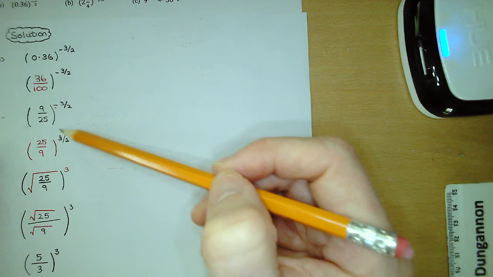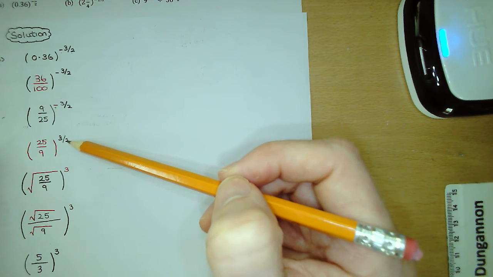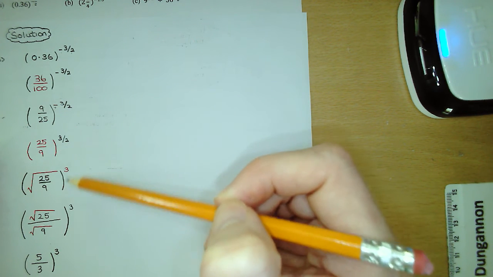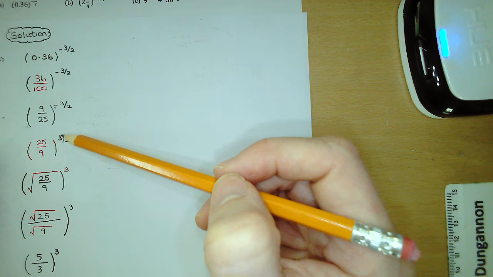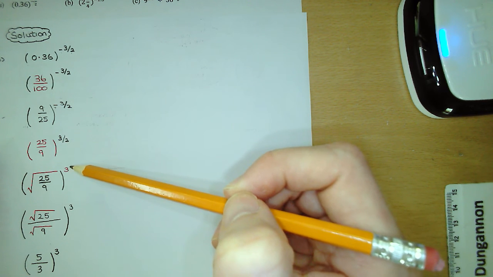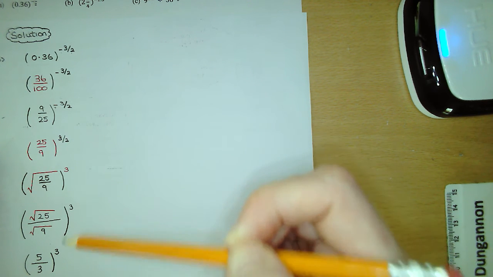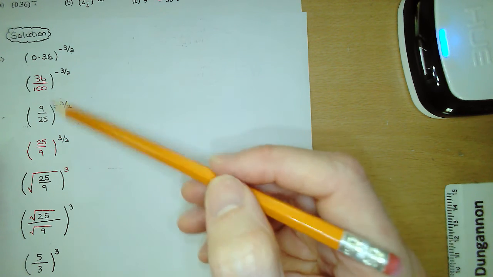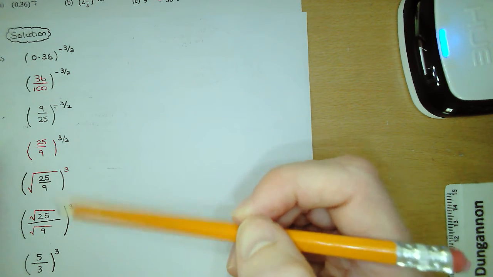Then you deal with the fractional power. So the denominator tells you the root that you take of the base, and then put brackets around it, and then the numerator of the fractional power is the power that goes outside the root. And then it's just the same as what we've been doing. So this is really a mixture of rules 4 and 5 that we're applying.